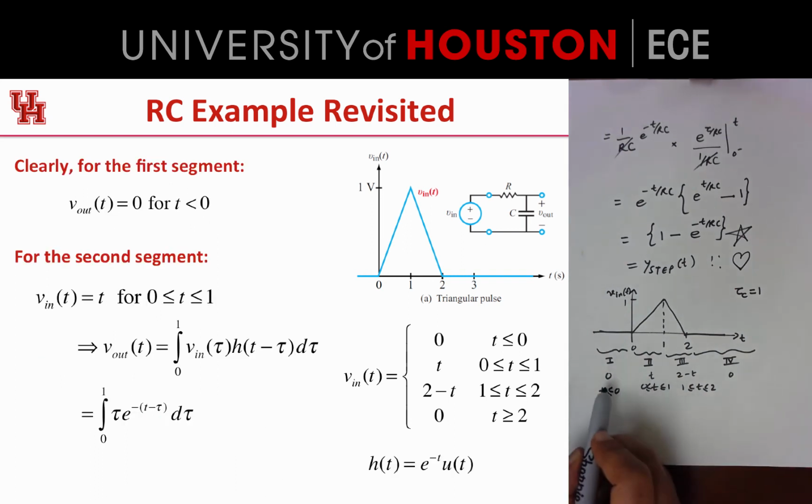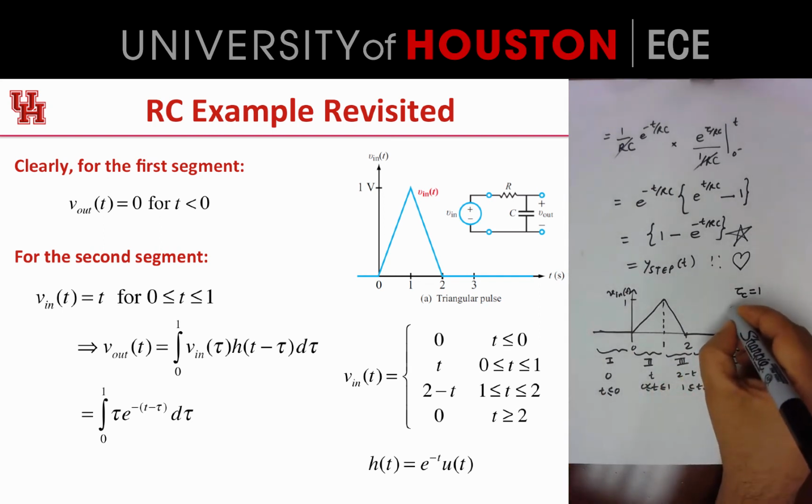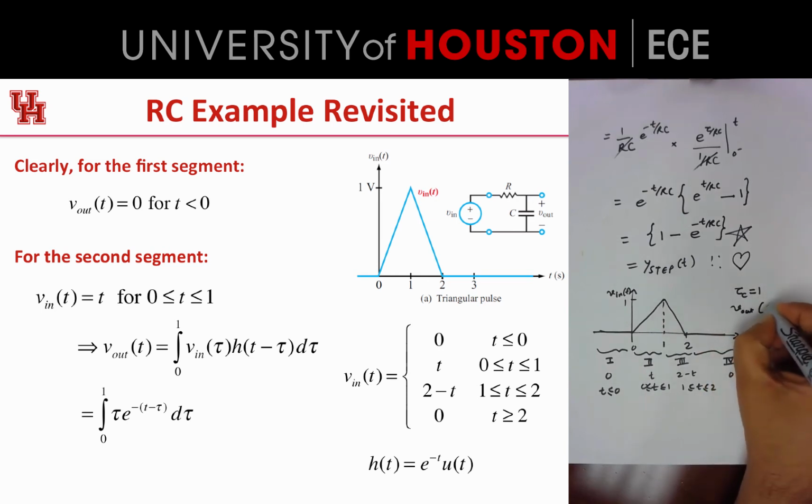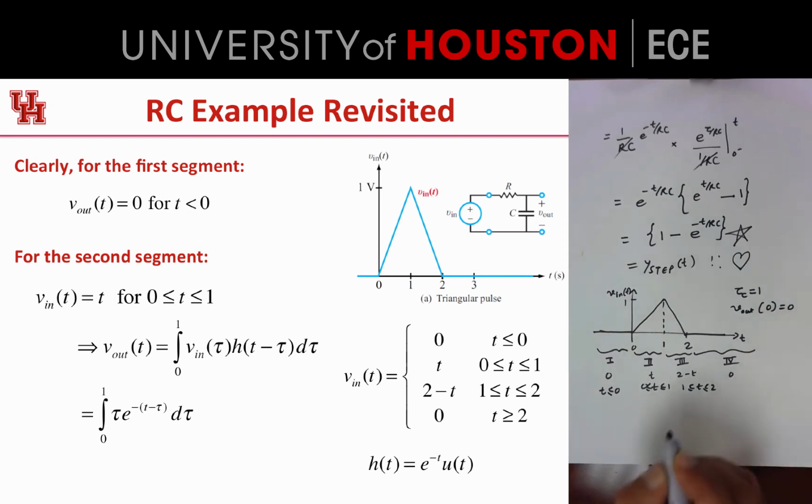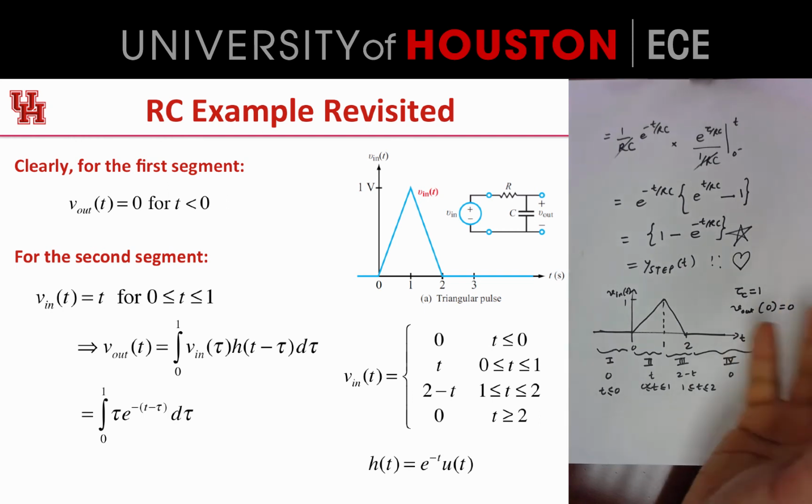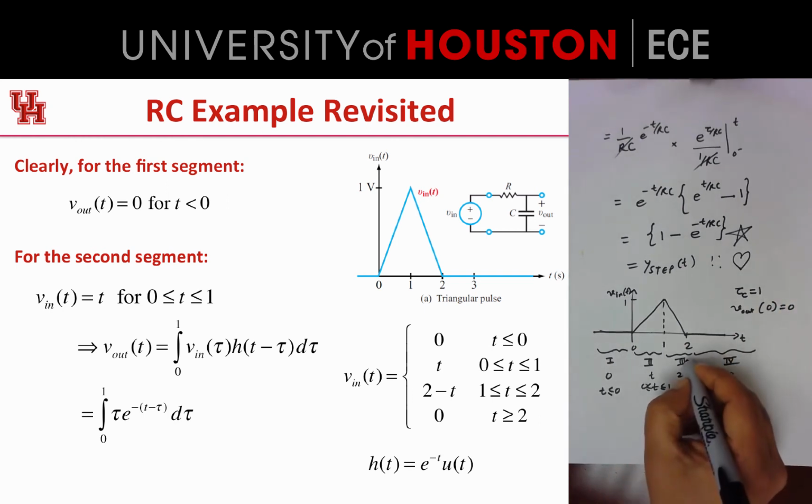For the first segment, the input is 0, so there is no output. Let's assume that our V output is initially just 0. We can make that assumption, although if it's not, we can just add it. It's not a big deal.